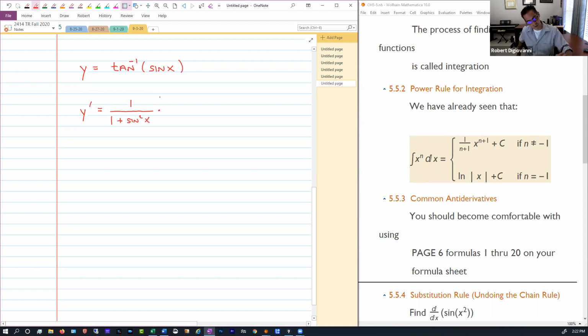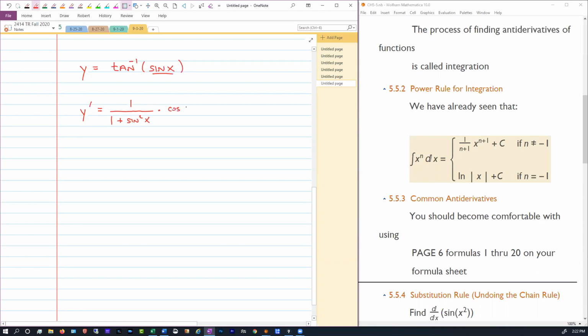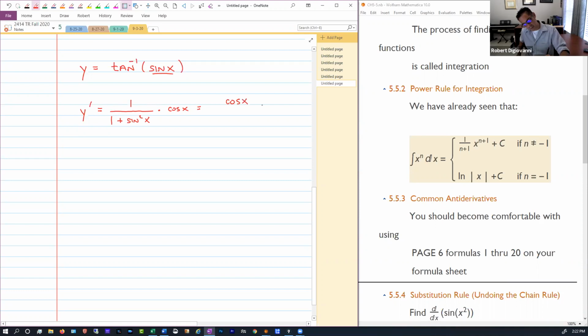Chain rule, times the derivative of what's in here, which is cos x. I'm just going to clean that up and put the cosine on top. There we go. Do we all agree that that's the derivative of arctangent of sine of x?